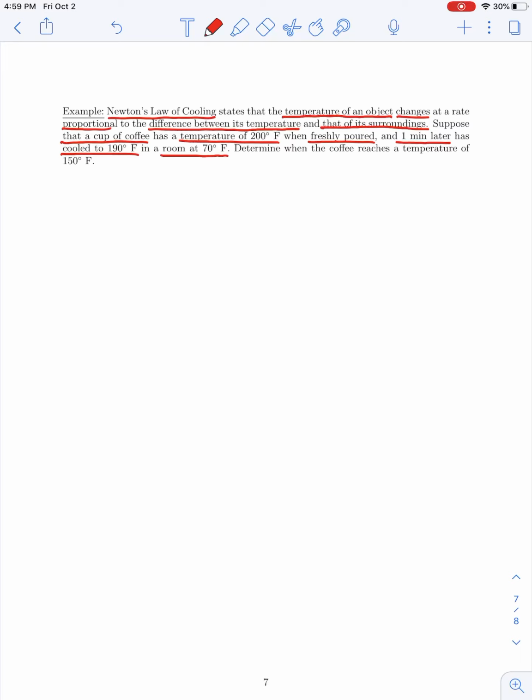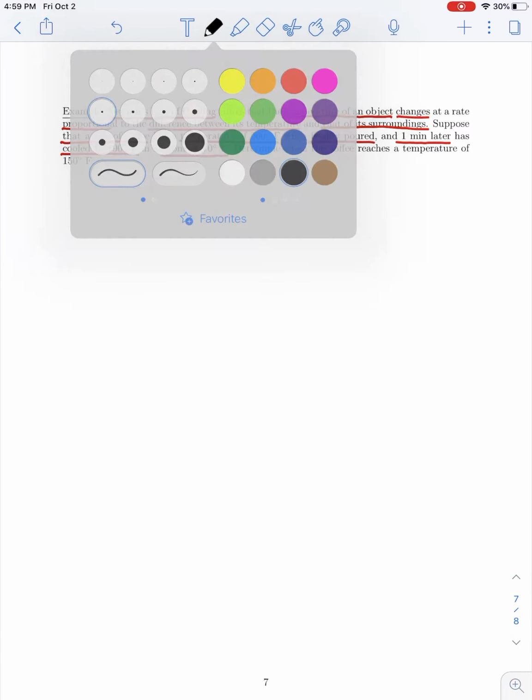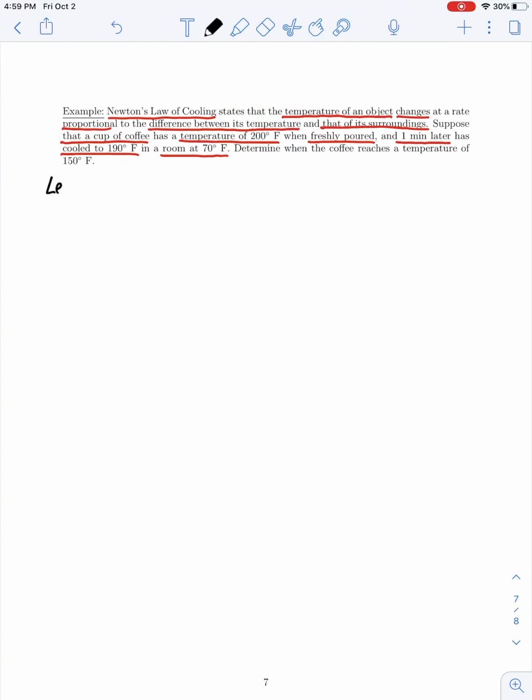So as with our last problem, for problems involving mathematical modeling, we first want to introduce some notation for the quantity that we're interested in. And here, the quantity that we're interested in modeling is the temperature of this cup of coffee over time. So let me give that quantity a name.